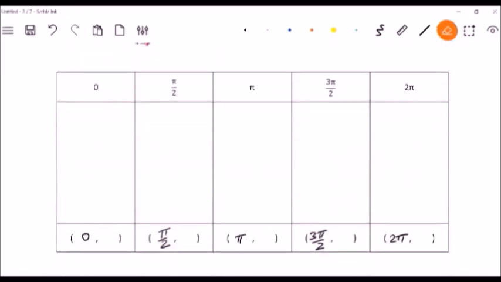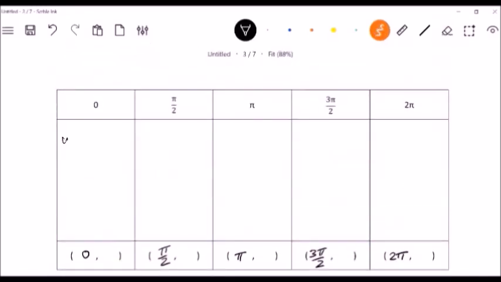So we're going to use down here, y is equal to the sine of x. 0 is that x. Y is equal to the sine of 0. You use your unit circle knowledge to know that the sine at 0 is 0.